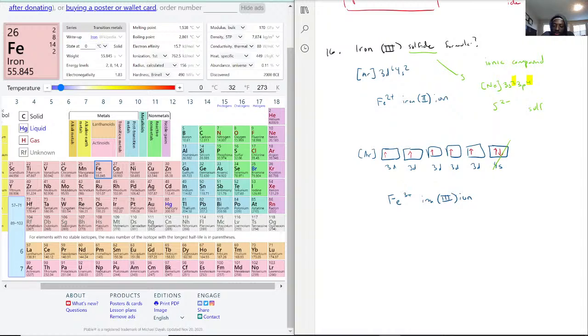This is a sulfide ion, because it would rather gain 2 more to fill the shell like argon, instead of losing 6 to go back to neon. So now we know 3 plus and 2 minus. We want the net charge to be 0.